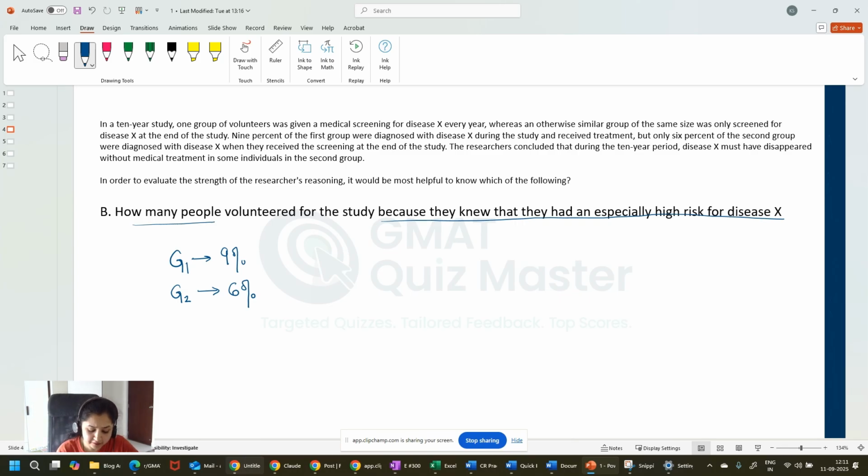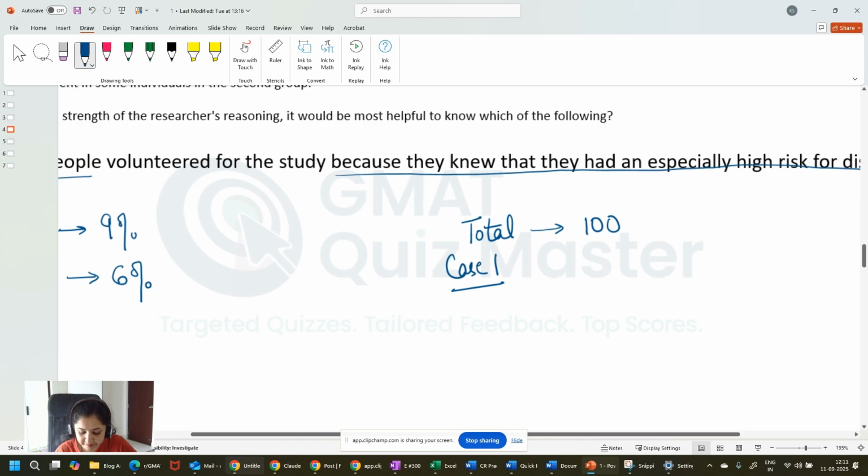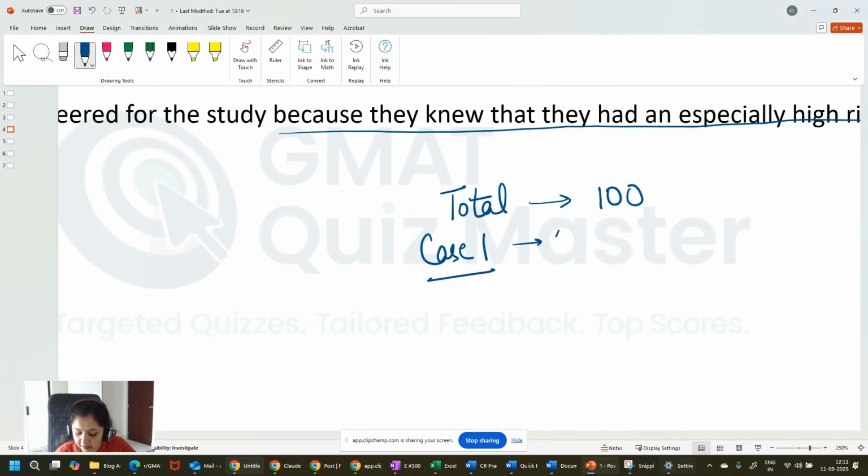We don't have numbers, so let's assume that there were a total of 100 volunteers. Let's consider case 1. Case 1 is that 50 of them participated because of this reason, right? Because they knew it is very likely for them to get disease X. So 50 of them participated because of that. Now, how does that help?